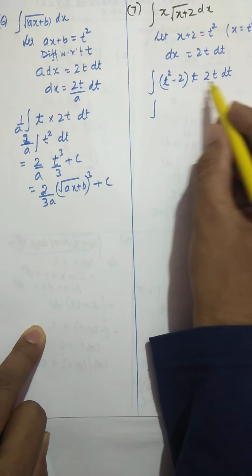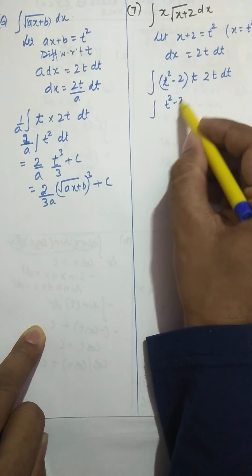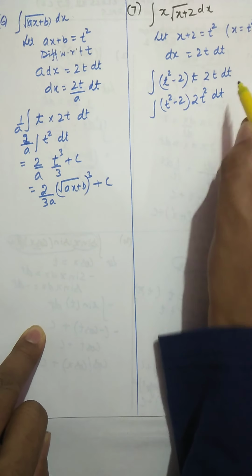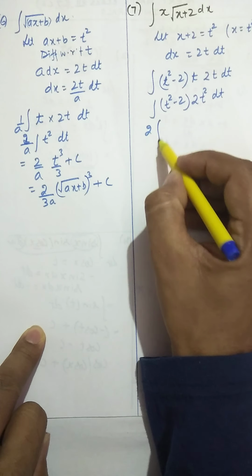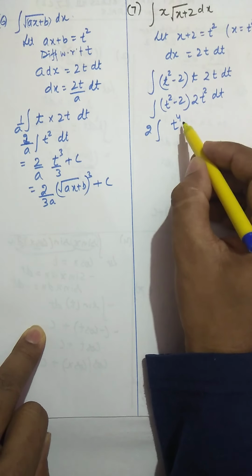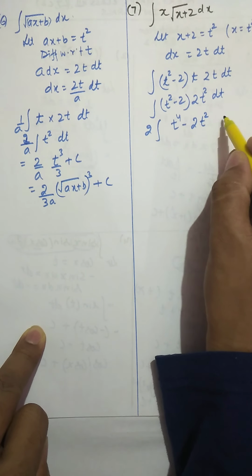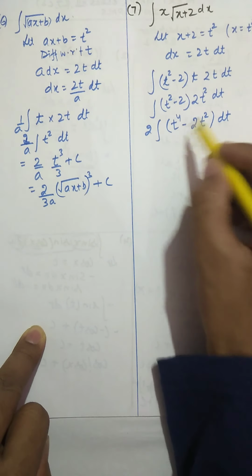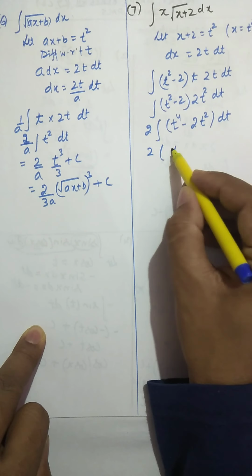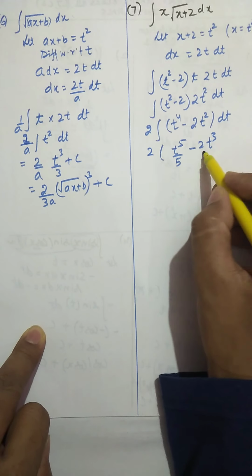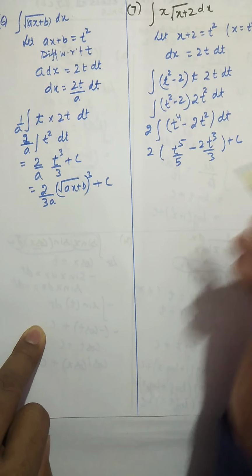So your answer is going to be, this is t square minus 2, and this is gonna be 2t square dt. 2 can be taken out common, you can now multiply, this is t4 minus this is going to be 2t square, and this is dt. Use power rule, so it becomes t5 upon 5 minus 2t3 upon 3, and this is plus c.